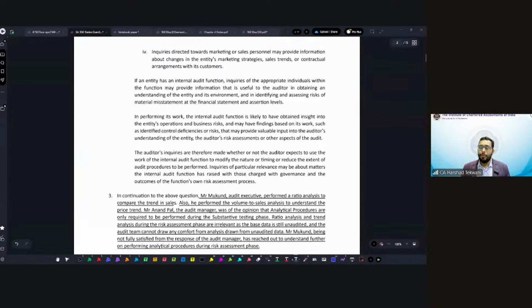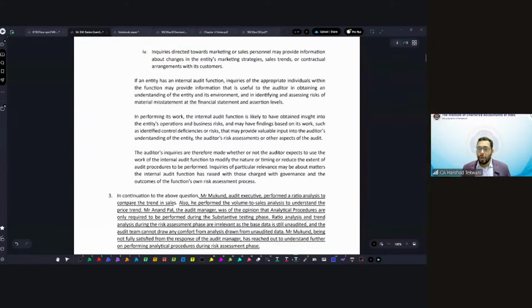Yes, very good, Sanjay, very good, Mega. So analytical procedures can help me to determine where the risk is, the risk of material misstatement. Although the data is raw and still unaudited, it can provide me a good overview of the overall picture or the trend that I want to see.